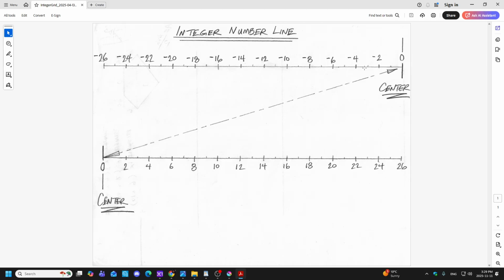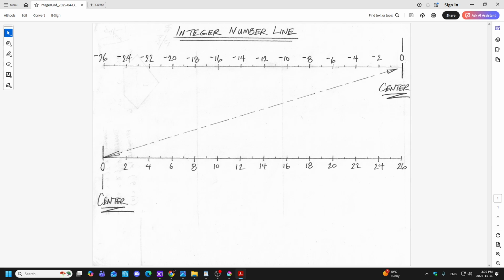Okay, so we have a left-hand side where all our integers are negative values. As you can see, all negative values go in the left direction. They increase in the negative direction infinitely, right?